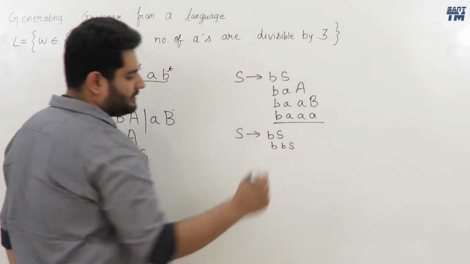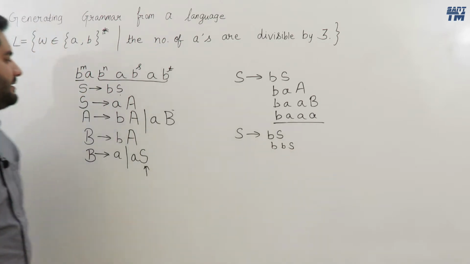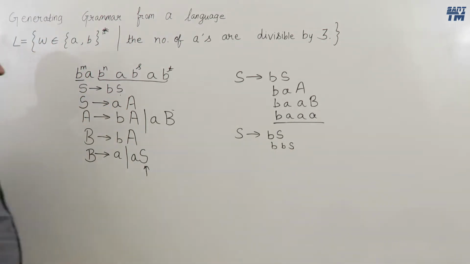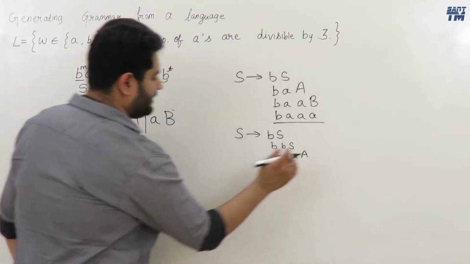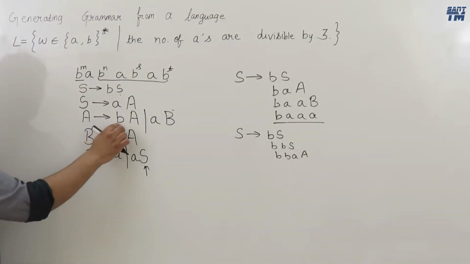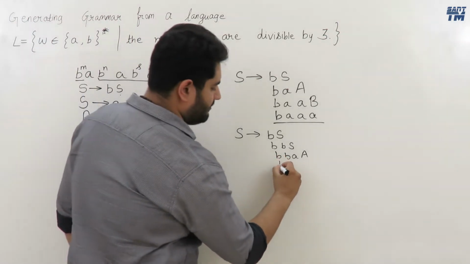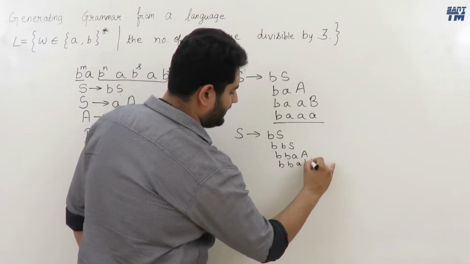BS we will get. Now in place of this S, let us say we substitute AA, A. In place of this A, let us say we substitute BA, BA.